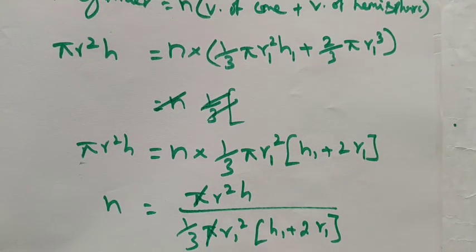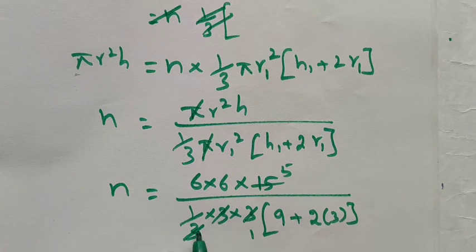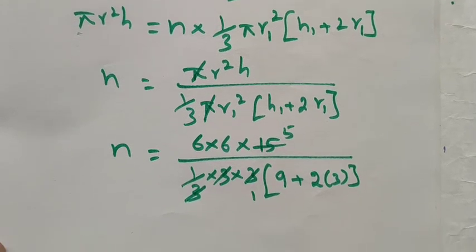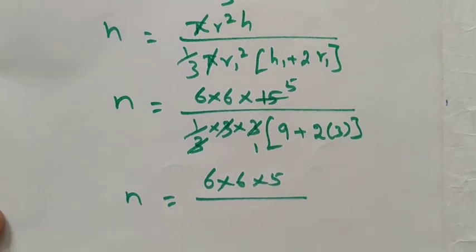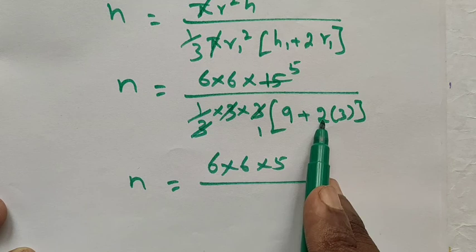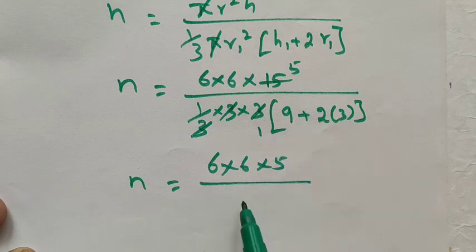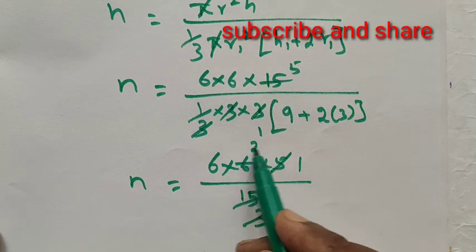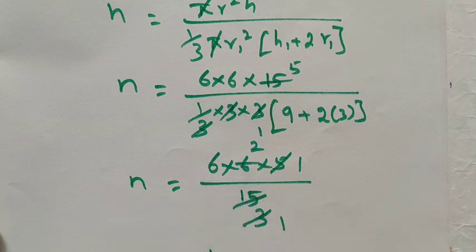So here 3 will be cancelled; 3 fives are 15. So n is equal to 6 into 6 into 5 divided by 3 into 3, into 6 plus 9 is 15. Cancelling further, n is equal to 6 twos are 12.